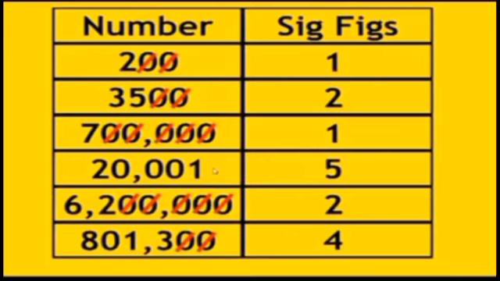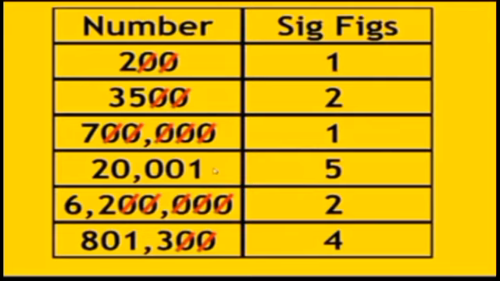Therefore, we have just one significant figure, which is 2. The same thing applies for 3,500 and for 700,000. Where there is no decimal point and you have trailing zeros, the zeros are not considered to be significant.